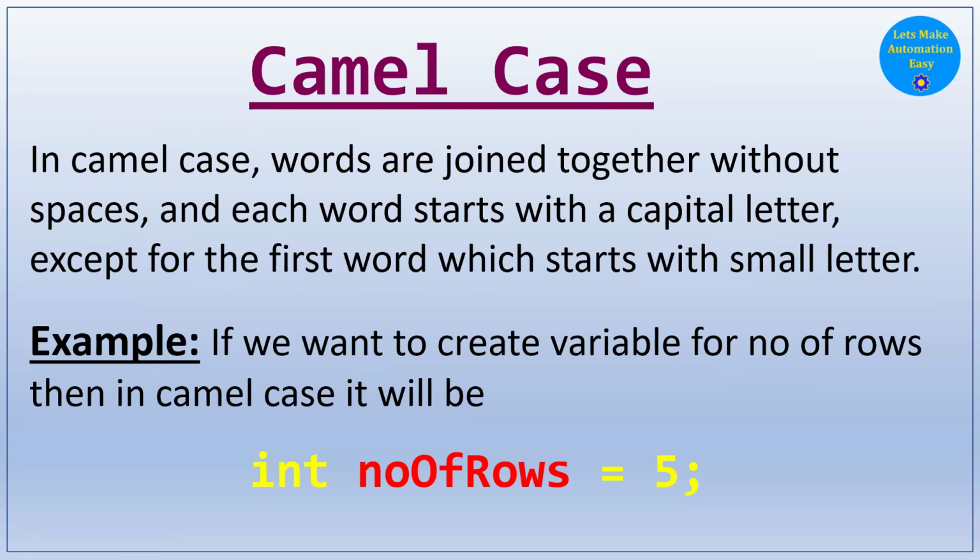If we take the example of creating a variable for number of rows, then in camel case it will be numberOfRows: N is capital, O of is capital, and R of rows is capital.